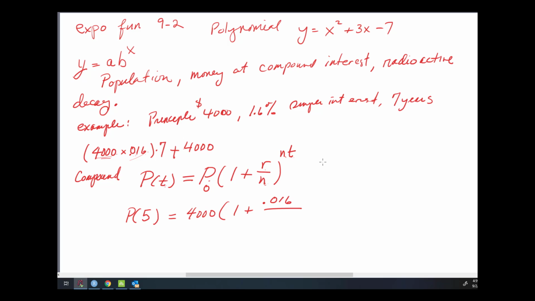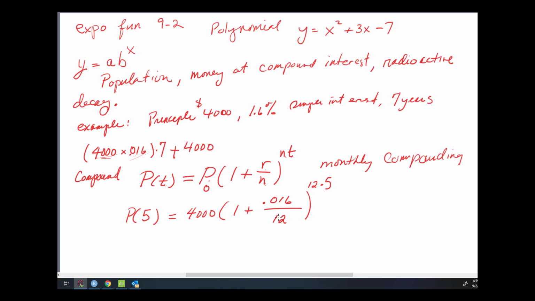And let's suppose that we've got monthly compounding. Then our compounds per year would be 12 if it's monthly, and that would be raised to the power n, 12 times the independent variable t that we're playing with, times 5. And this 12 times 5, that would be 60 compounding periods.